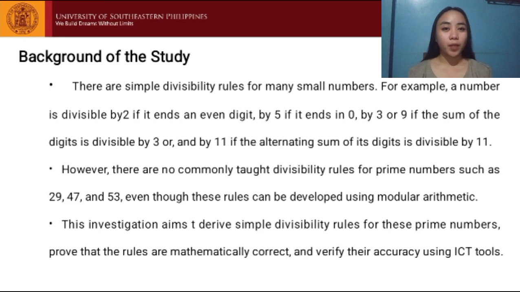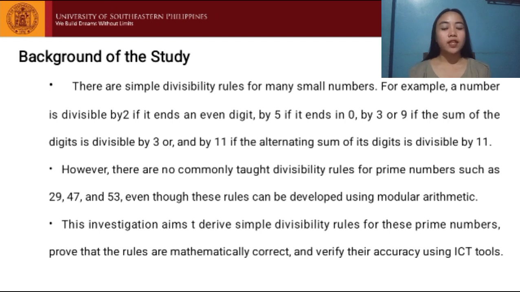But here's the problem. There are no simple, commonly taught rules for prime numbers like 29, 47, and 53. So, in this study, we wanted to create simple divisibility rules for these three prime numbers. We used a branch of math called modular arithmetic to build these rules.